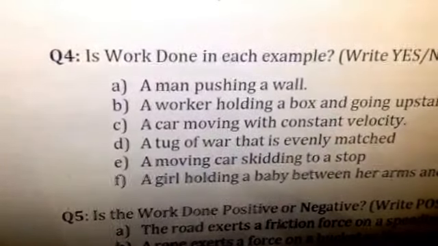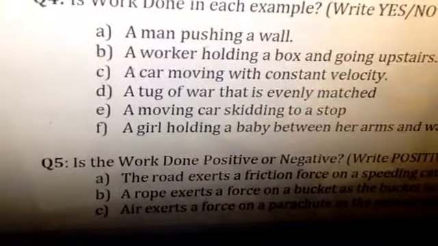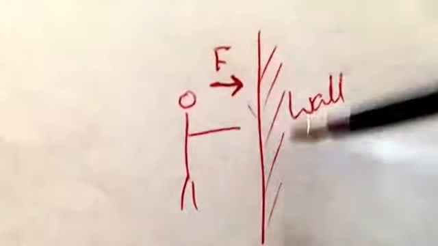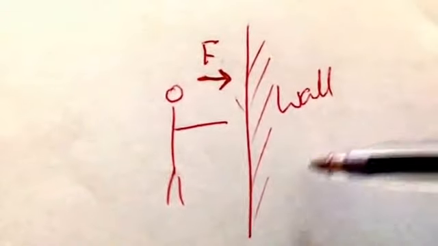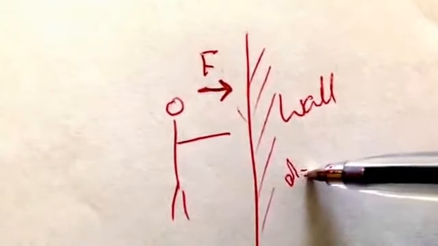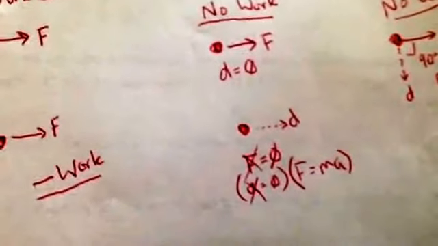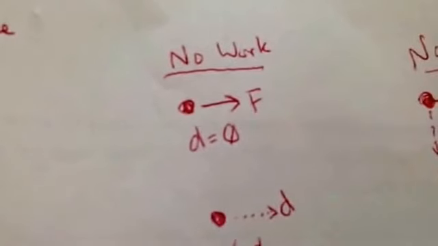So let's go through each of these examples and see if work is done. A man pushing a wall. Well, here's a man pushing a wall. There is a force, but the wall does not move, so there is no distance. Distance equals 0. So, in our example, if there is a force but no distance, no work.